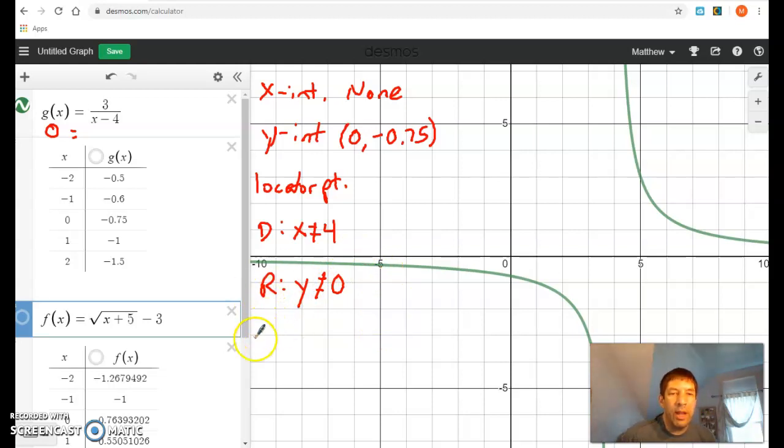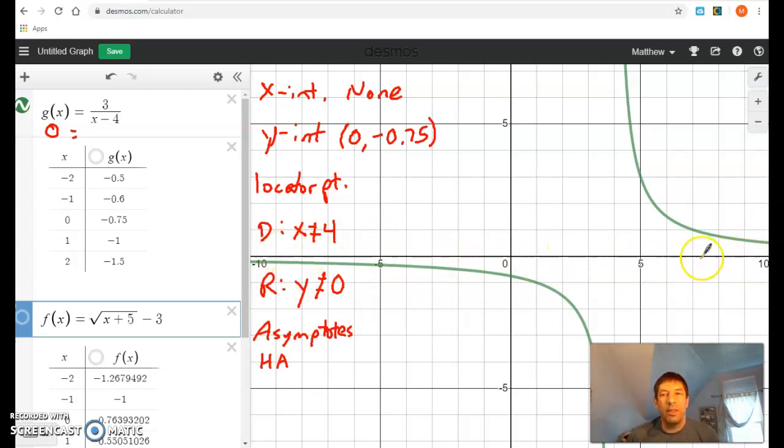All right, now the asymptotes. For a hyperbola, we've got a couple of asymptotes here. We have a horizontal asymptote. Remember, horizontal is a flat line going straight across.